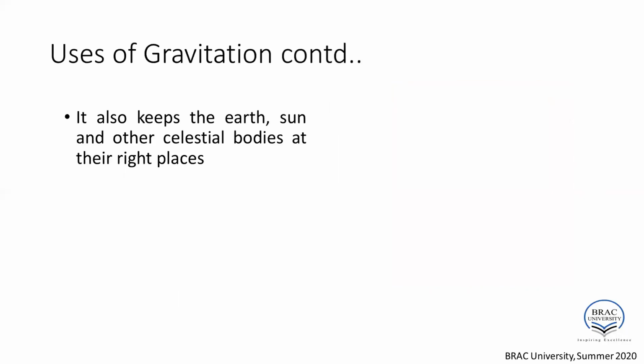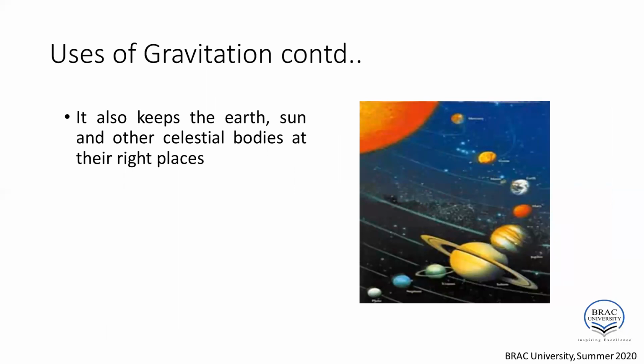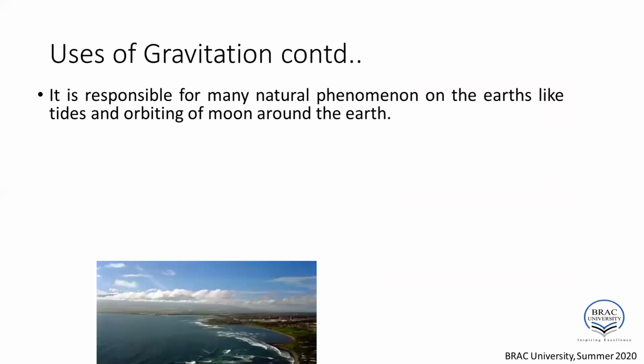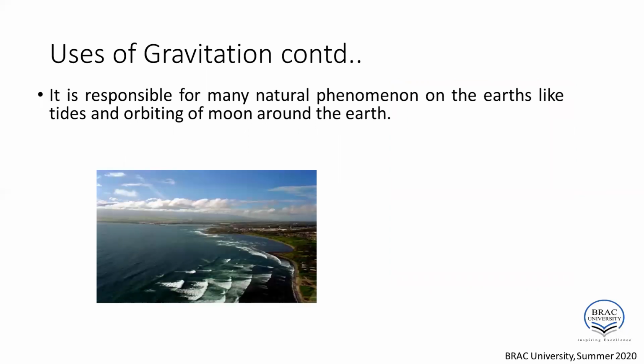Another use: it also keeps the earth, sun, and other celestial bodies in their right places. And here is another use. It is responsible for many natural phenomena on the earth, like tides and the orbiting of the moon around the earth.